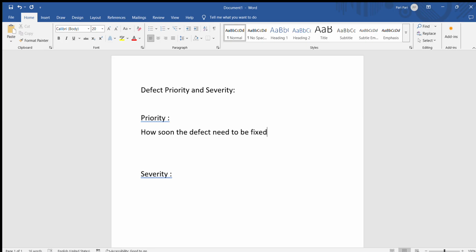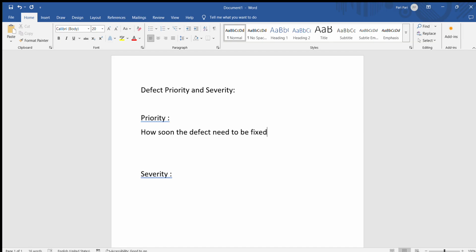High priority, because it is completely blocking most of your functionalities, its major functionality is not working. And high severity, why? Because this particular defect is blocking all the modules, so it has a huge impact on all the modules. In that case, for that defect, you have to mention high priority and high severity.